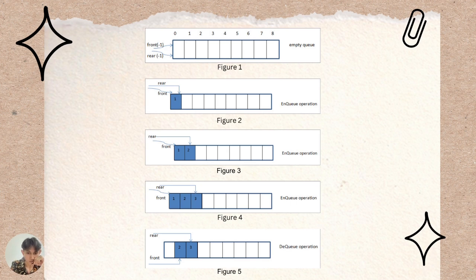As you can see in figure 5, as the front pointer is at 0, the element that is deleted is 1. Thus, the first element entered in the queue, which is 1, happens to be the first element removed from the queue. As a result, after the dequeue, the front pointer will now be moved ahead to the next location. So I will pass to my next presenter.